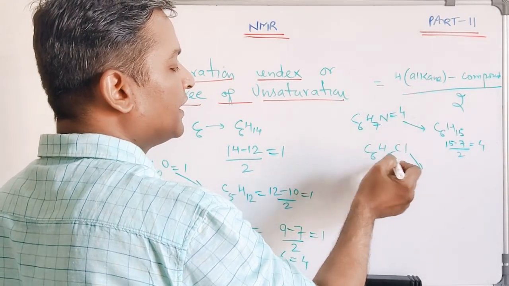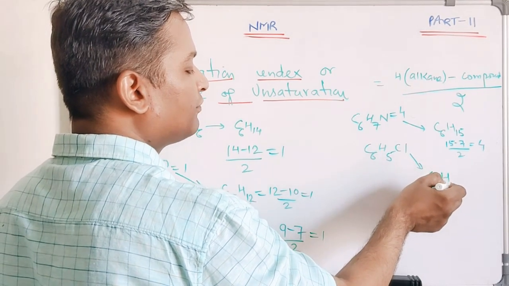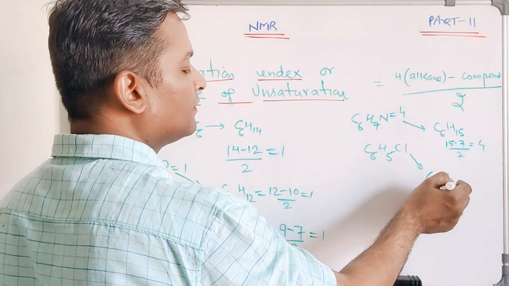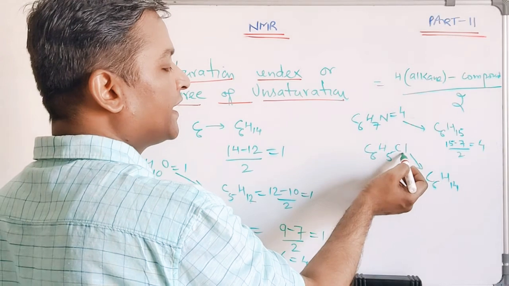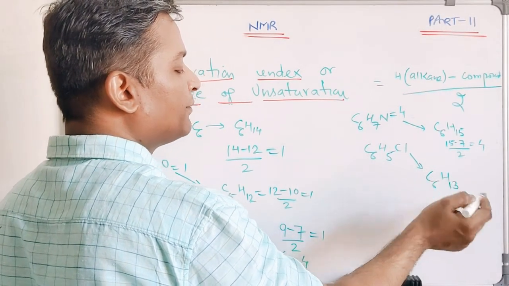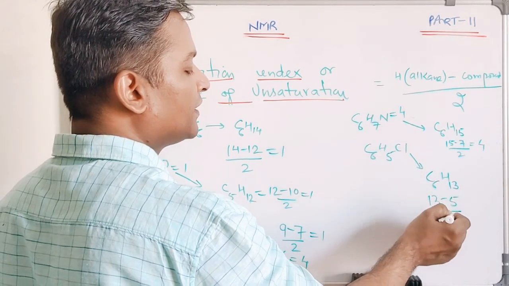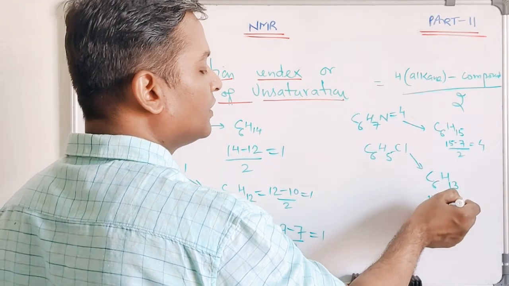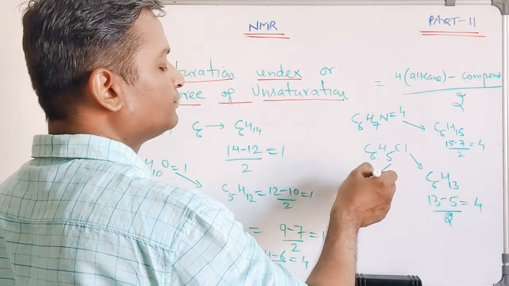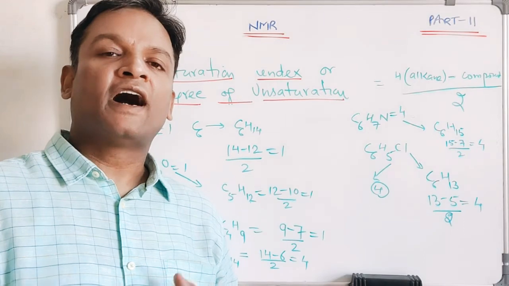See this C6, the corresponding alkane will be H14. It contains a halogen, so decrease hydrogen by 1, it becomes 13. Now 13 minus 5 divided by 2 is equal to 4. This compound also has unsaturation index equal to 4. So this is how we determine different types of compounds and their unsaturation index.